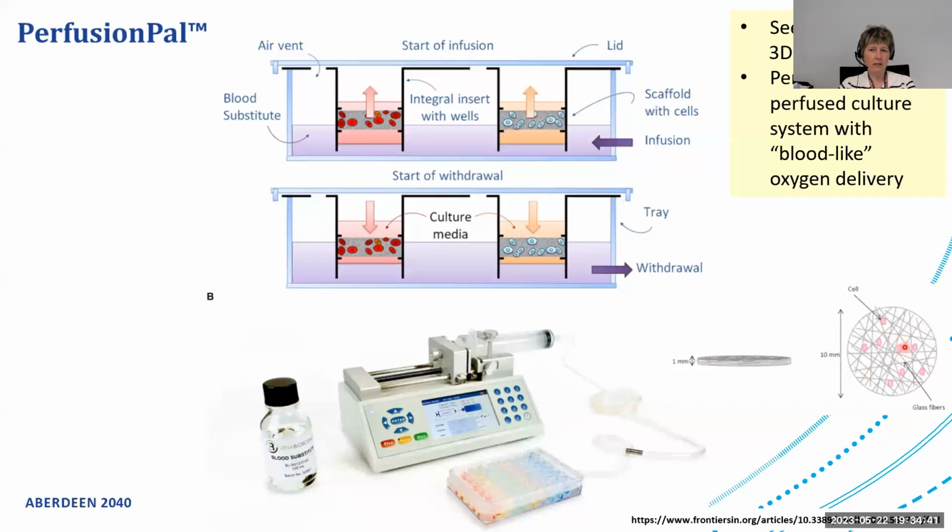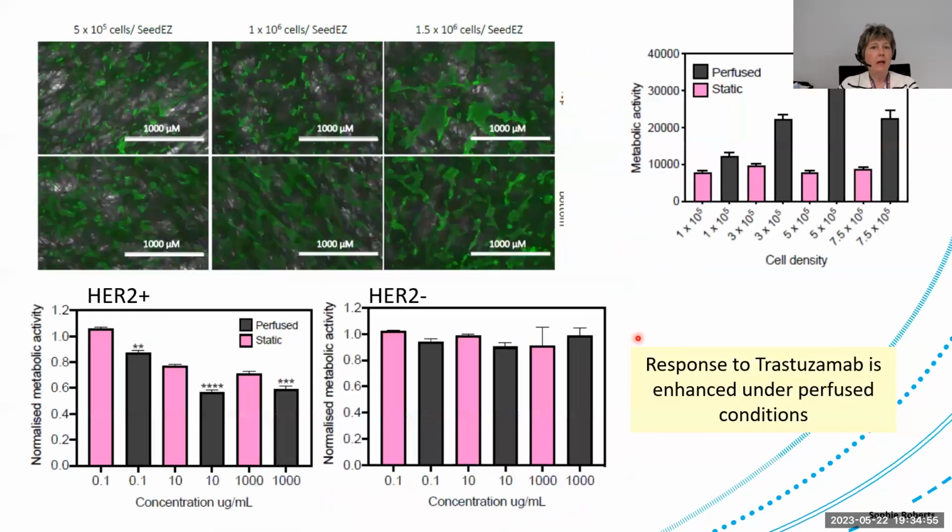So the scaffold is a CDZ, and the Perfusion Pal system provides this, if you like, blood-like oxygen delivery. So the cells are continually bathed in oxygen. So this is what it looks like when you grow the cells on CDZ. These are increasing numbers of cells along the top. These are HER2 positive breast cancer cell lines.